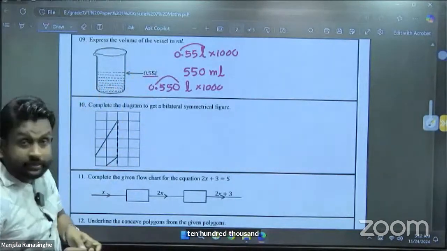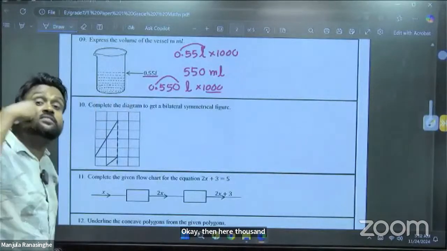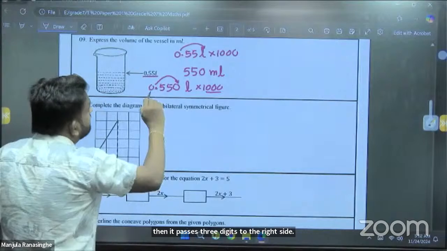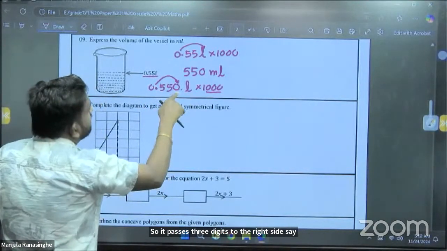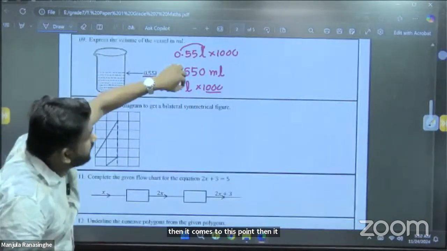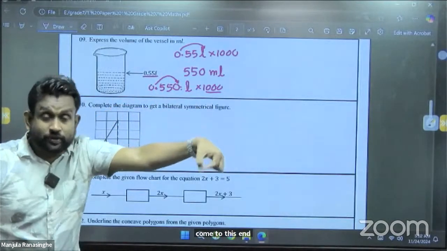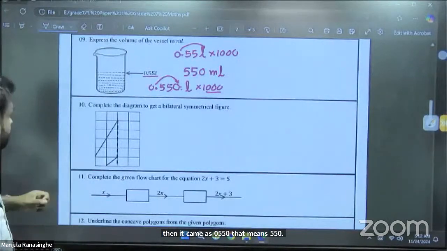Here 1000 has 3 zeros, so it passes 3 digits to the right side, say 1, 2, 3. Then the decimal point comes to the end, and it is 550. That's how it happens.